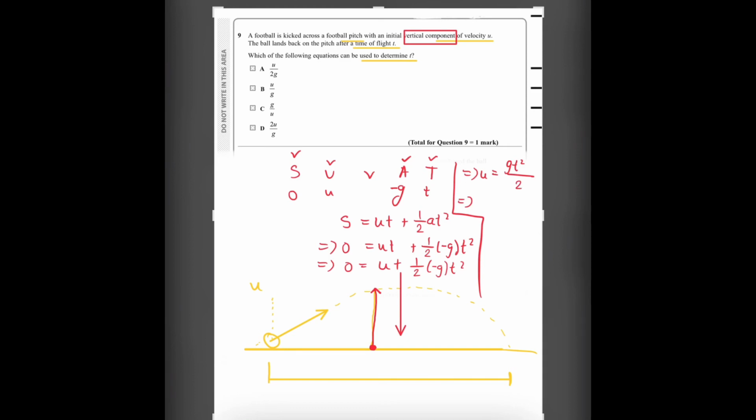Sorry, not t squared, so one of the t is gone from here and here too. We have u equals gt by 2. If we make t the subject, we will have t equals 2u by g. So this is the equation for t. D is the answer for question 9.